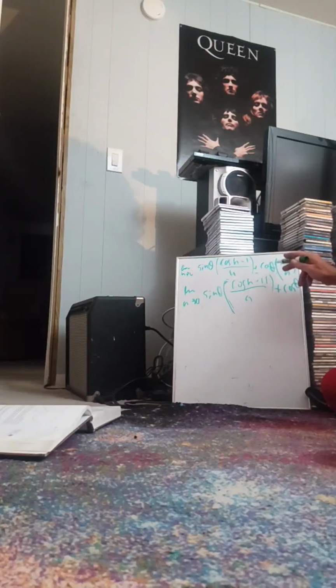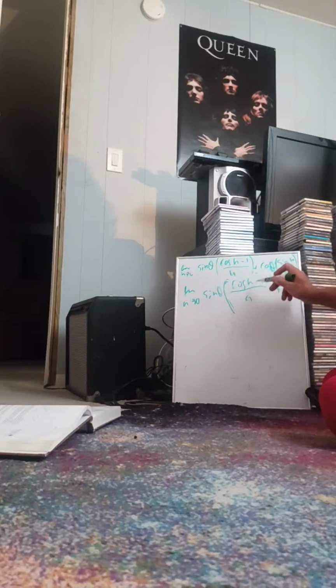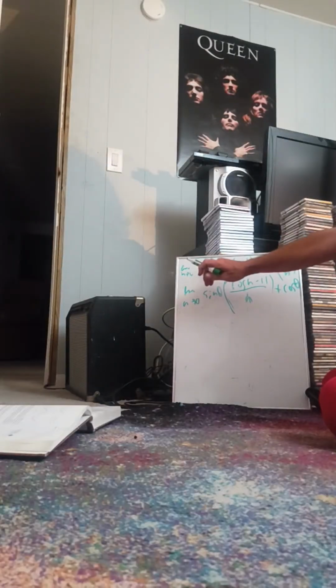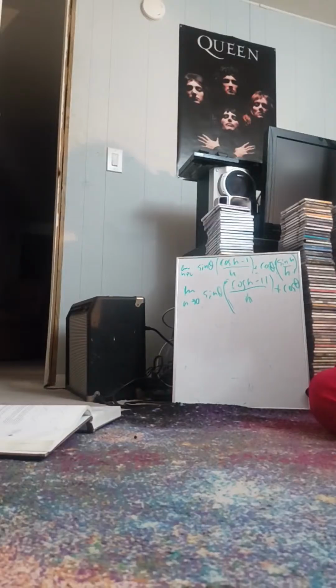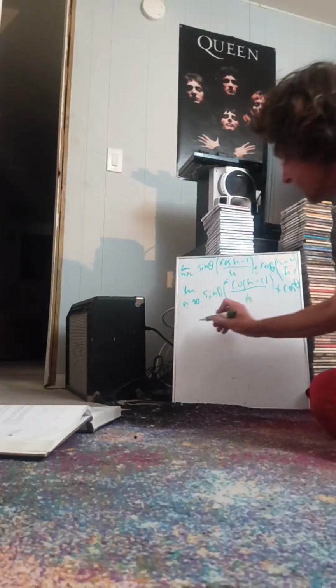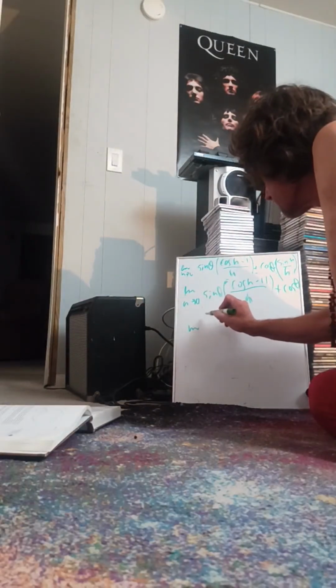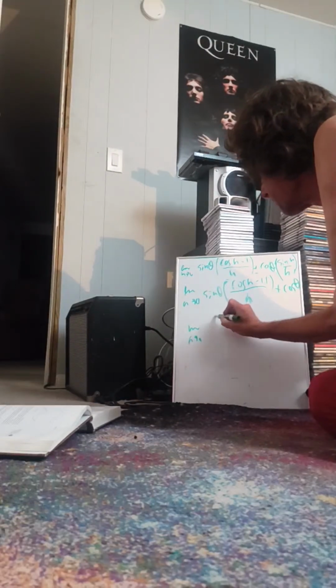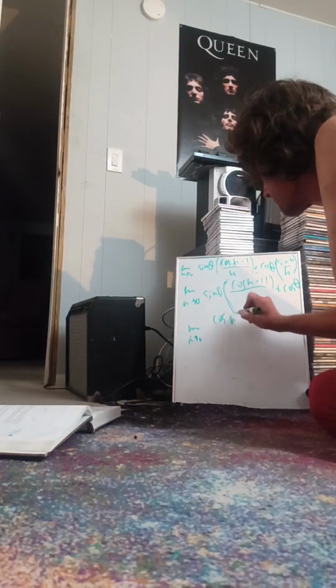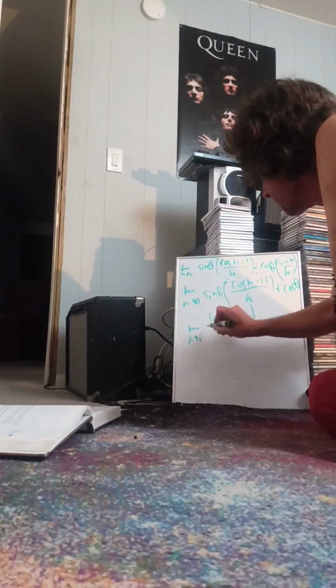So cosine theta times that is cosine theta. Sine theta times this is the rest of it. We just have to figure out what cosine h minus 1 all over h is, limit as h approaches 0. I wrote h and h when I should have written theta and theta. Sorry about that, guys.